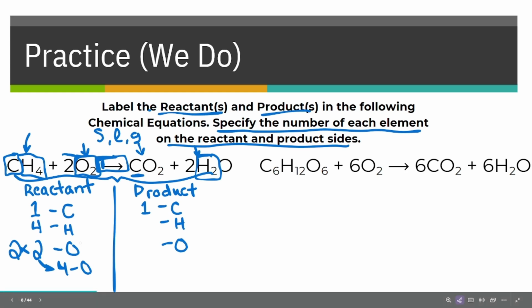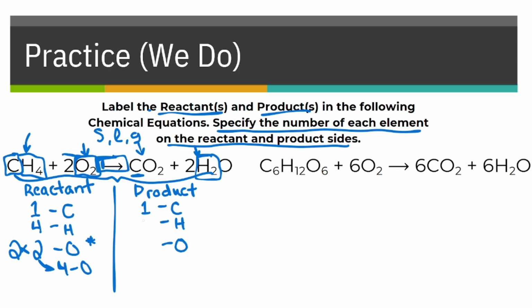So, similar to how I did it with my oxygen over on the reactant side, I'm going to recognize how many atoms I have in the compound first, then multiply it by its coefficient, in this case of 2, meaning I have 4 atoms of hydrogen.